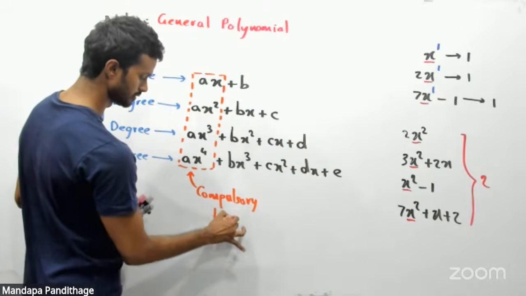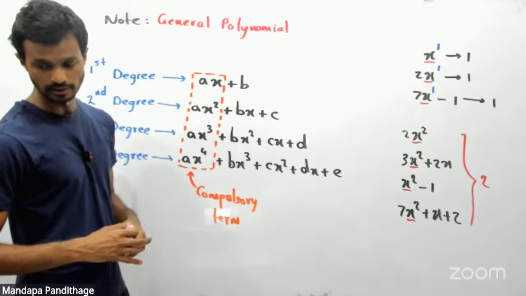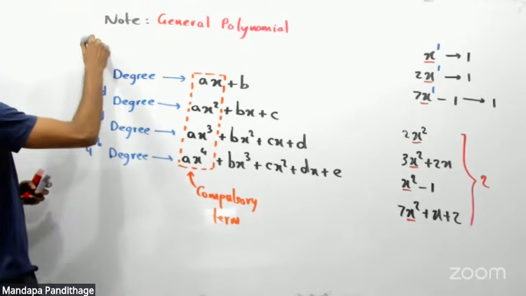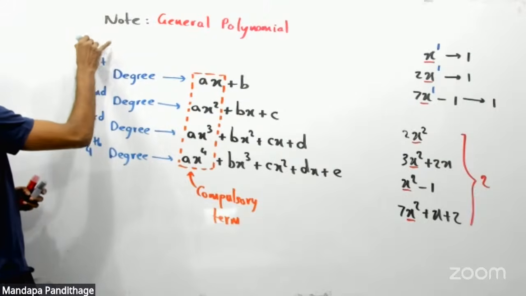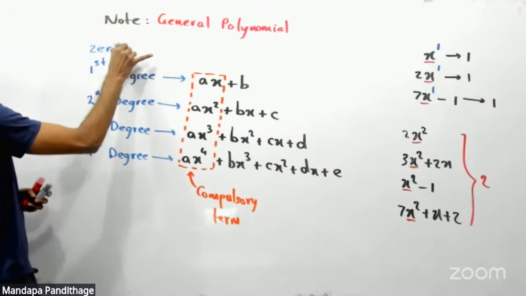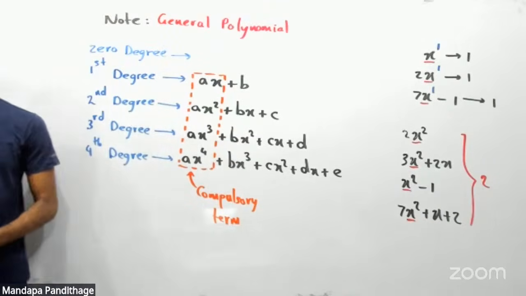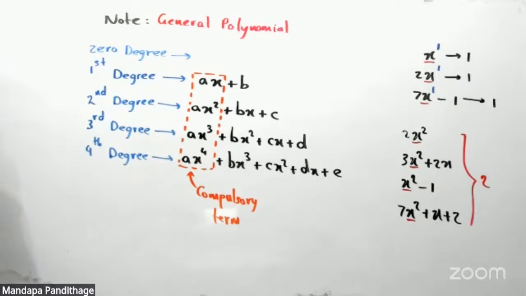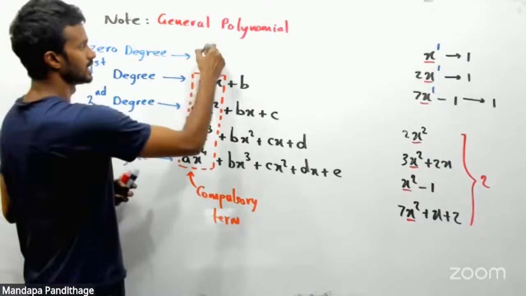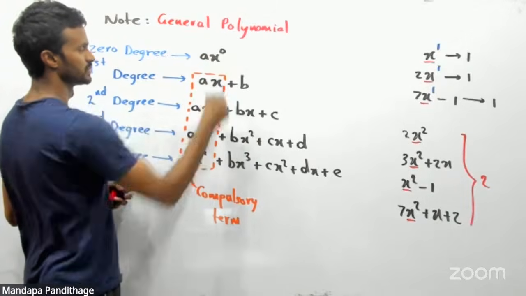Okay. Now it's clear, the one that a student asked the question. So here, if I talk about a 0 degree polynomial, it's like ax to the power 0.